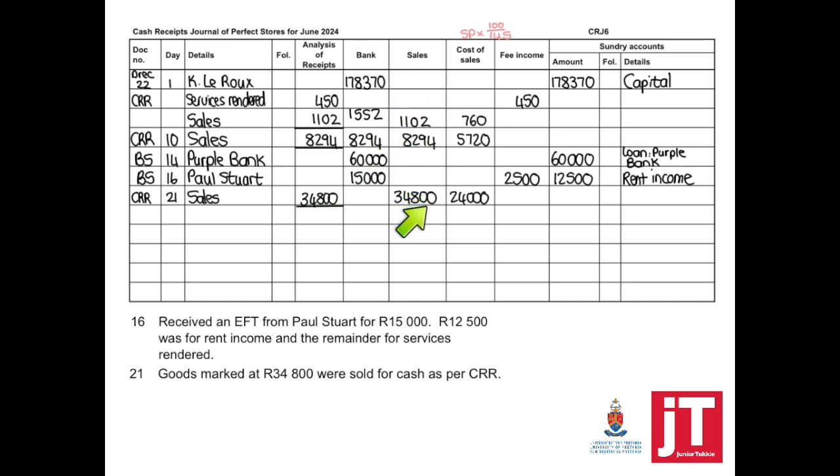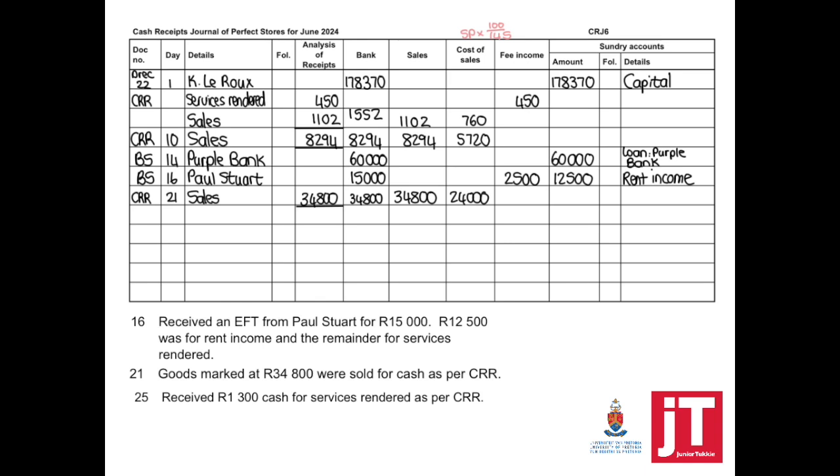Because of sales, $34,800, and the cost, take the selling price times 100 divided by 145. That was the only transaction on day 21, so we draw a line. How much money did we deposit in our bank account? $34,800.